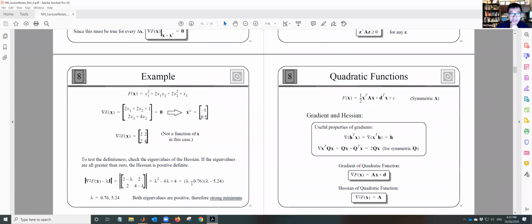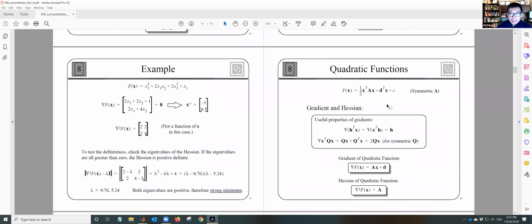You get the eigenvalues. You have two eigenvalues. One is 0.76, the other one is 5.24. If both eigenvalues are positive, then you have a strong minimum. Make sense?